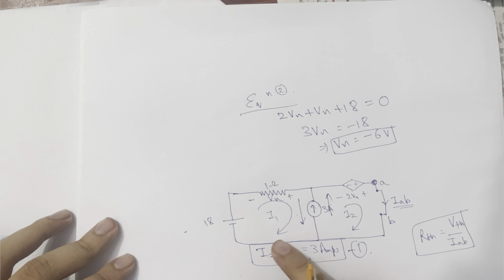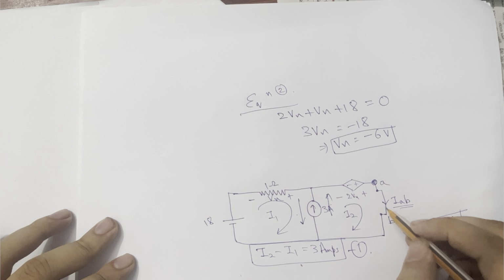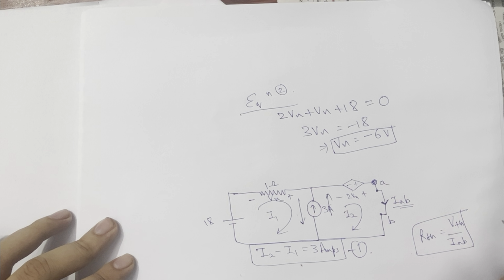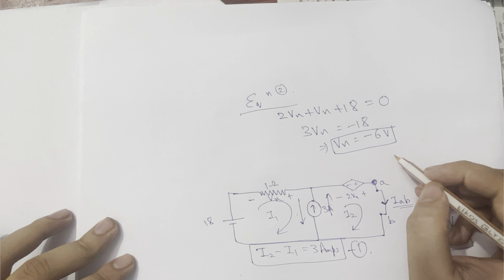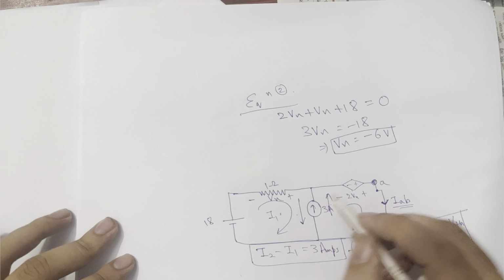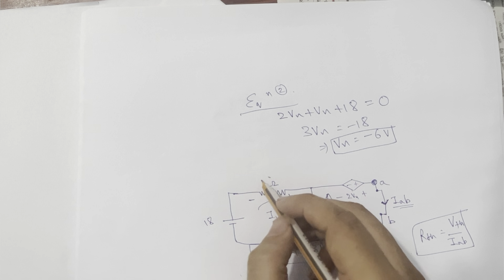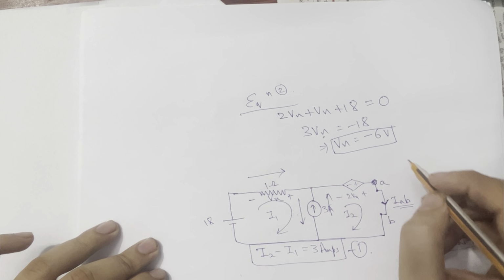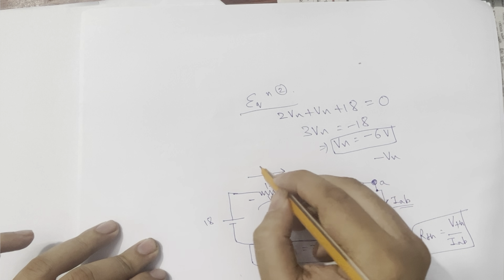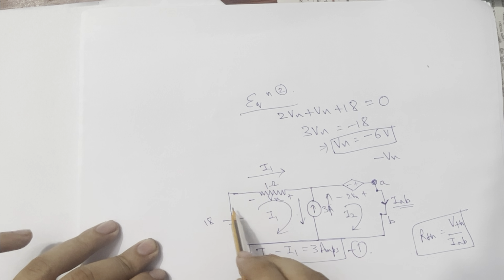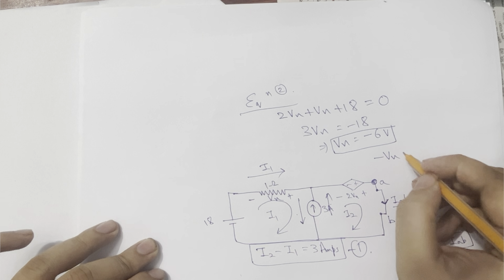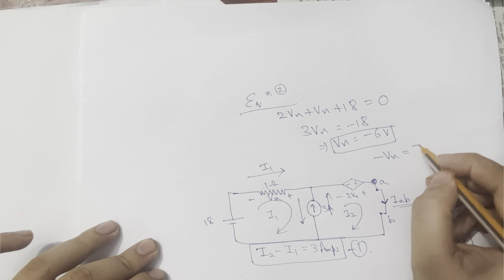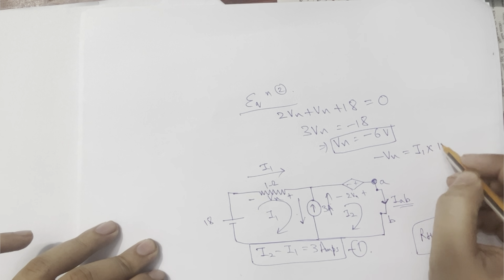So I got Vx, and I also have I2 minus I1 equal to 3 amps. What we want to know is this IAB. IAB is nothing but I2. We can also write minus of Vx, because I1 is flowing in this direction, so I encounter minus first: minus of Vx equal to, this is the positive direction of current, I1 into 1 ohm resistance.